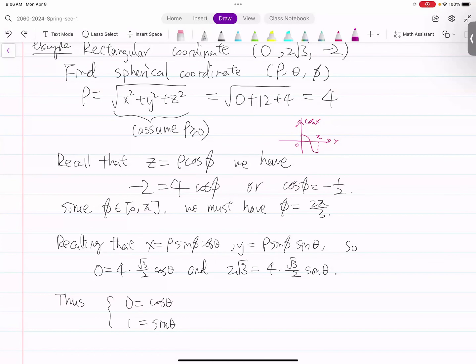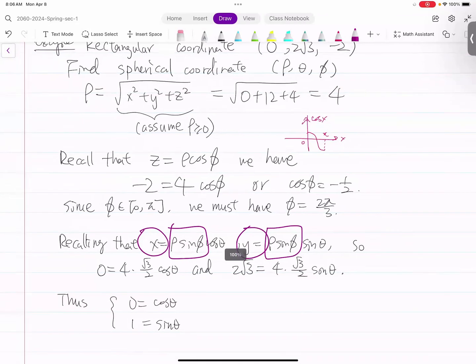Okay. And then finally, we happen to use the x and y values. Okay. And then we know what rho and phi are. Okay. So based on rho and phi, we're able to calculate cosine and sine of theta.